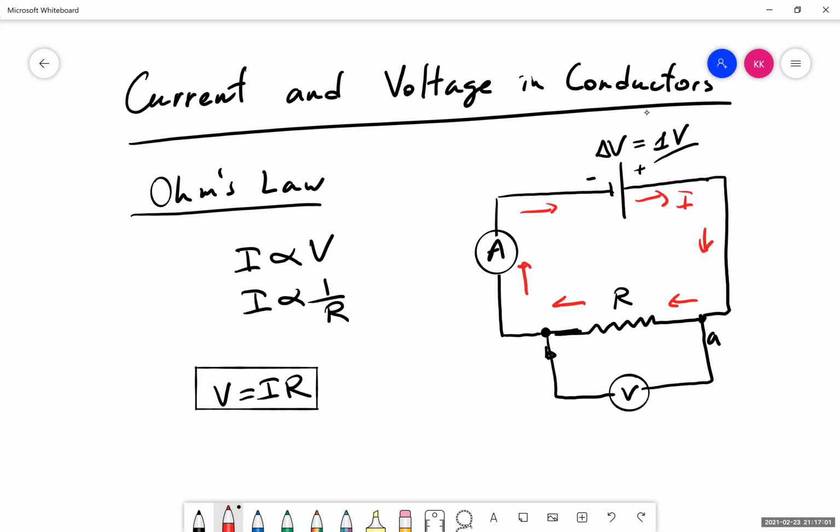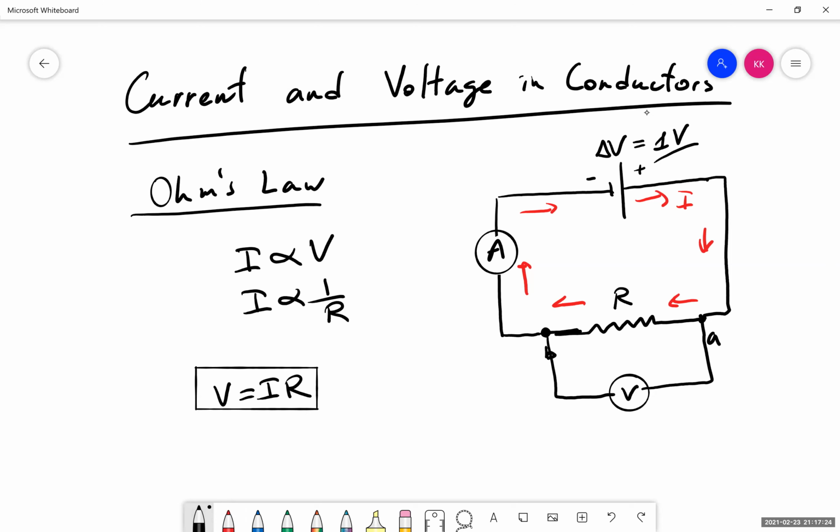Now, that means the current goes around the circuit, it also goes through the ammeter, and the ammeter records the value. When the potential difference across the resistor is the same as the voltage of the battery, let's say 1 volt, I can measure the current in the circuit.